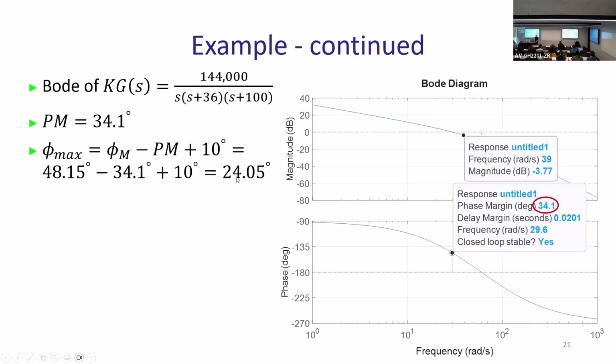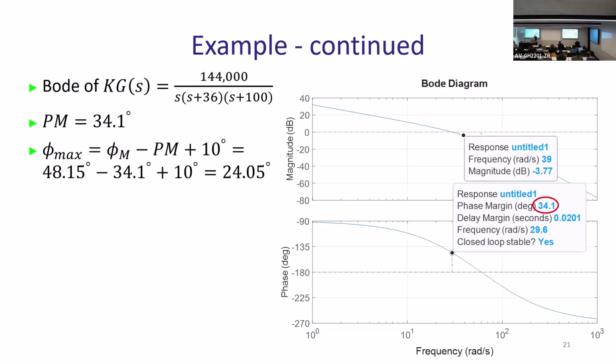So I need to add 24 degrees. So the maximum of the phase diagram in the lead controller should peak at 24 degrees. This is what I hope to achieve with the lead controller, just to pull everything up by 24 degrees, the phase, okay? Without modifying too much of the initial gain, because I don't want to touch it. I achieved already the Kv that I wanted. I don't want to touch the lower frequencies at all.